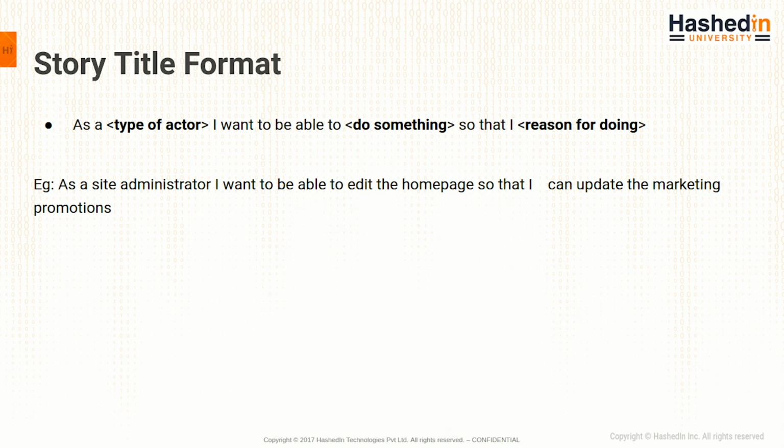For example, if a site administrator is going to use it, you will say, as a site administrator, I want to be able to edit the home page. Edit the home page is what I'm expecting to do, and the reason for doing it is, so that I can update the marketing promotions. So in this way, it tells you who is going to use the feature, what he's trying to do and why he's trying to do it.